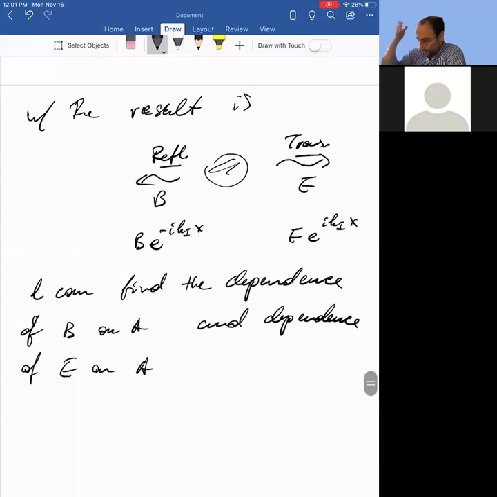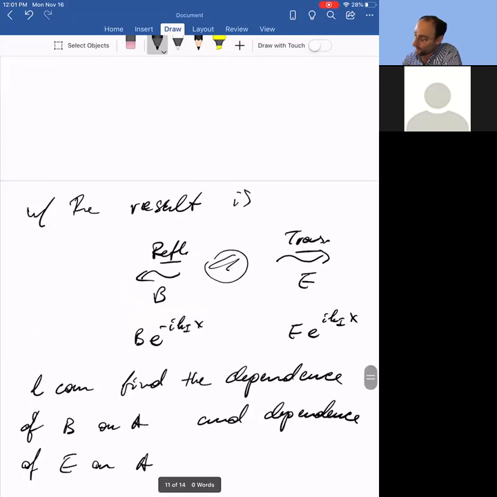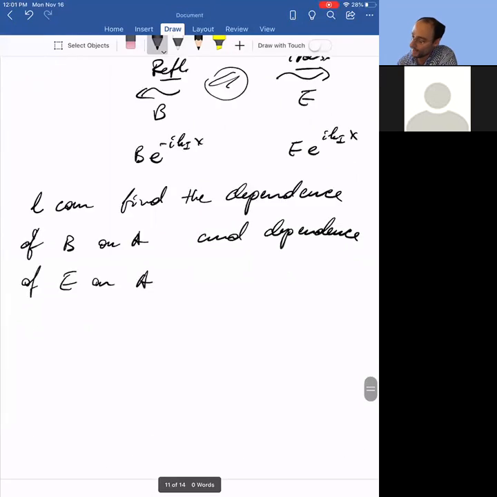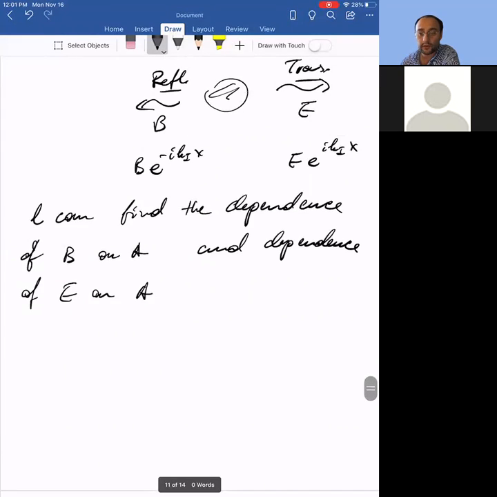Pause for a second. So remember, what waves are we dealing with? These are wave functions, right? Probabilities are related to the amplitudes in front of the wave functions. Sorry, the square of the amplitude in front of the wave function.